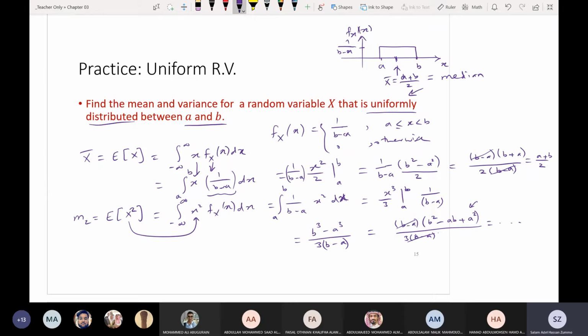Anyways, so now what do we have here? So basically, sigma x squared will be what? It's the expected value of x minus x bar, squared, right? Or we have already found that it's m2 minus x bar squared, right?